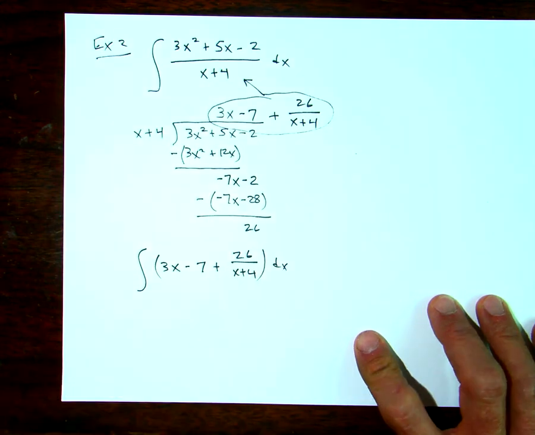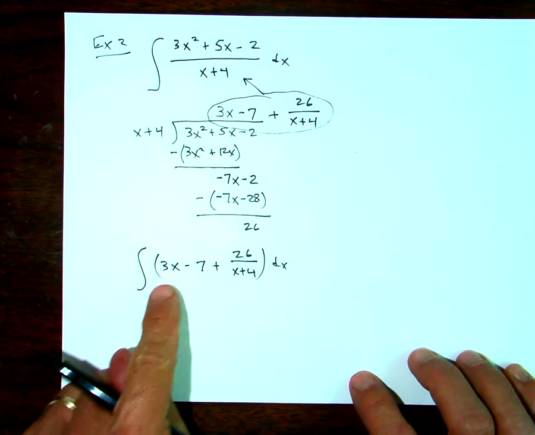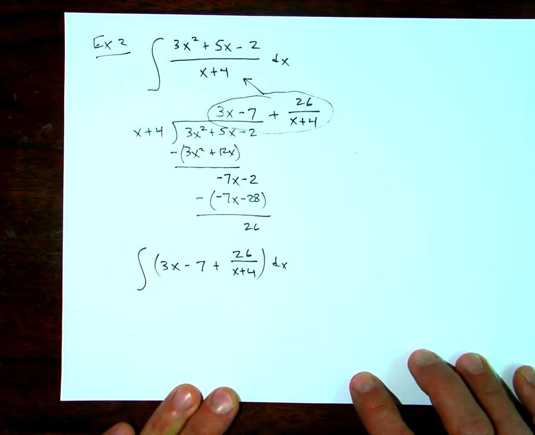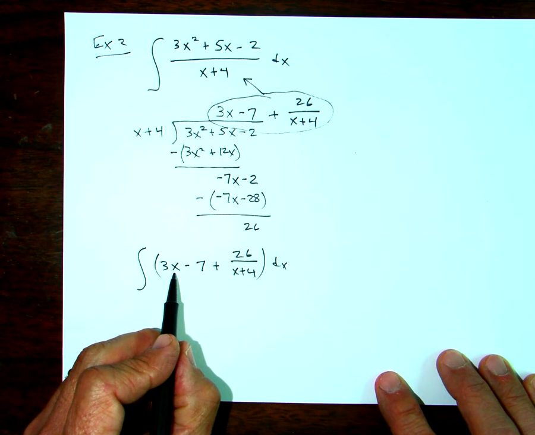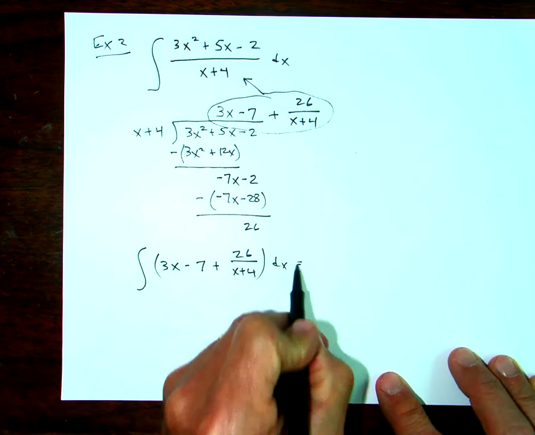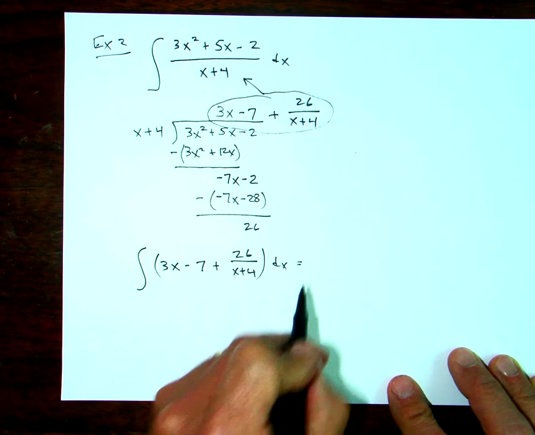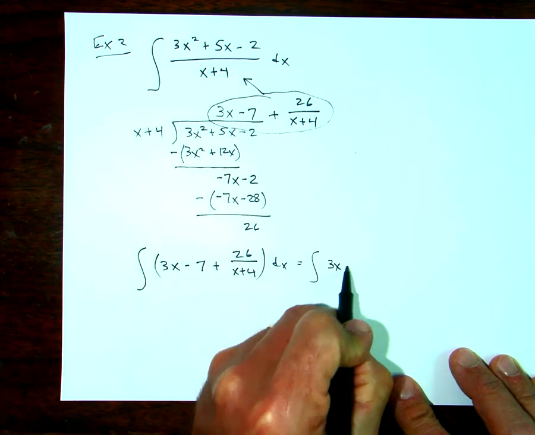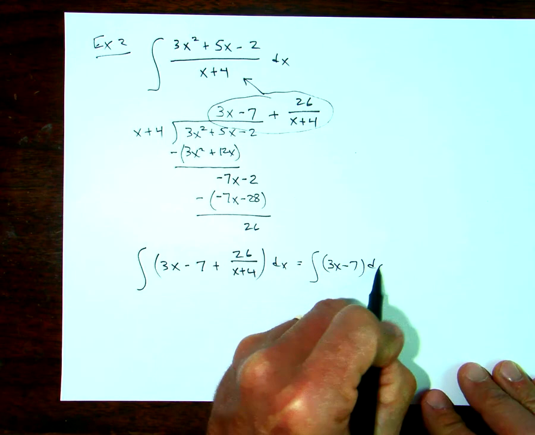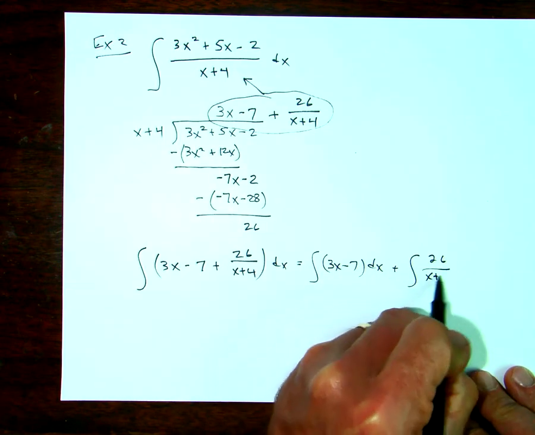All right, so at this point, I think the easiest thing to do is just to take these one by one, right? So the antiderivative of, well, let's do this, because this last one might be not so straightforward. So let's just break this into two integrals, 3x minus 7 dx plus the integral of 26 over x plus 4 dx.